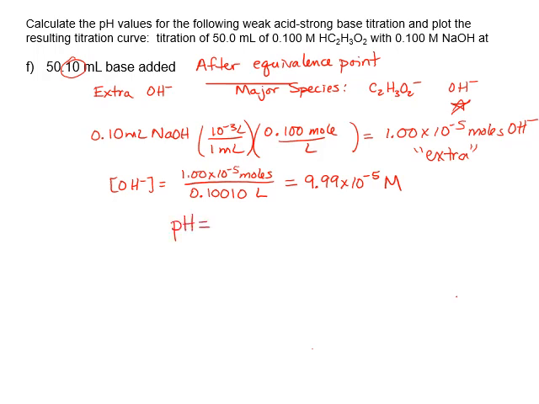And we convert that to the H plus concentration and then take the negative log of that to get the pH. We find that we get a pH of 10.